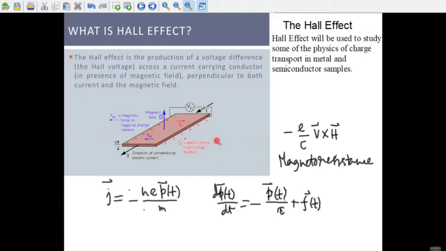Hall tried to determine whether the force experienced by a current-carrying wire in a magnetic field was exerted on the whole wire or only upon the moving electrons in the wire.